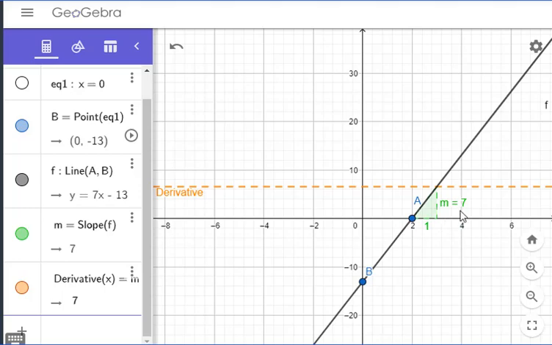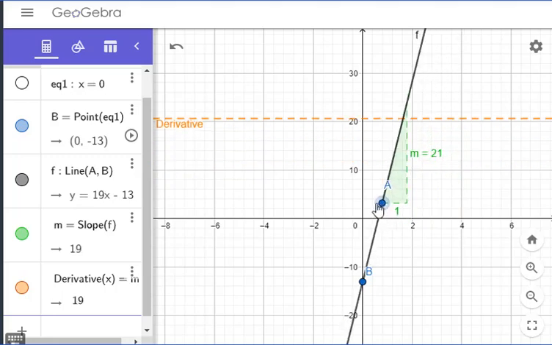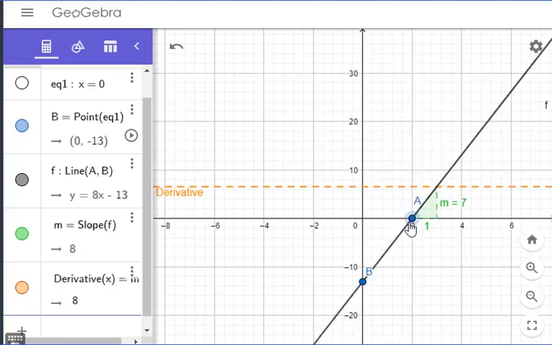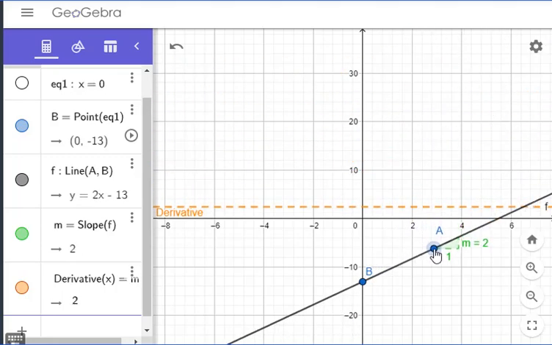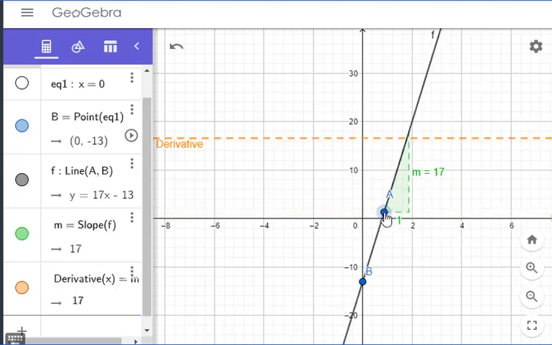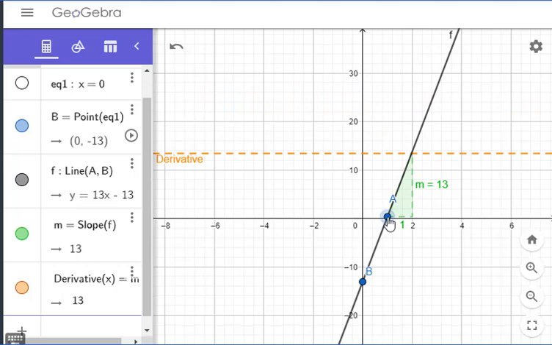When slope equals 7, you could say the derivative of this linear function equals 7. You will see exactly the slope of a linear function equals the value of the derivative of a linear function.